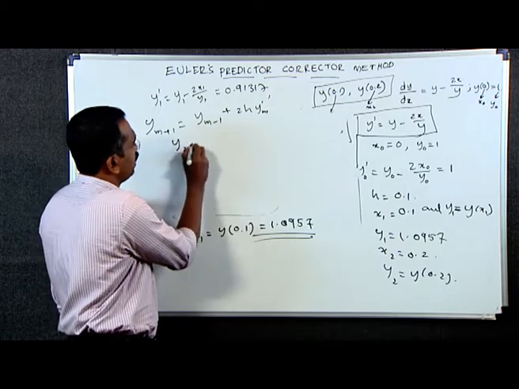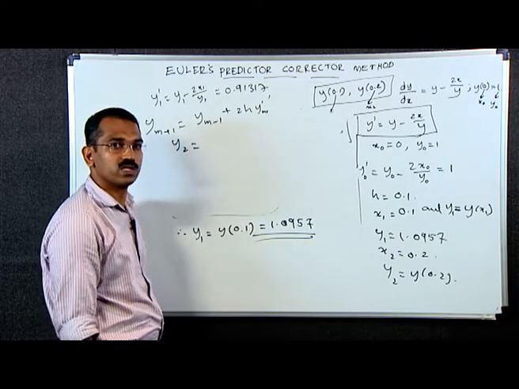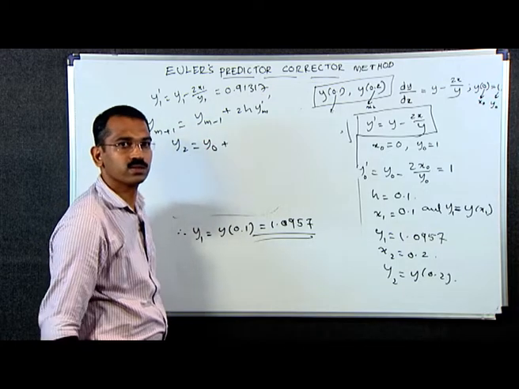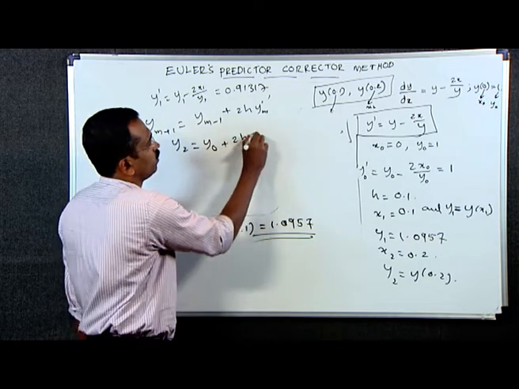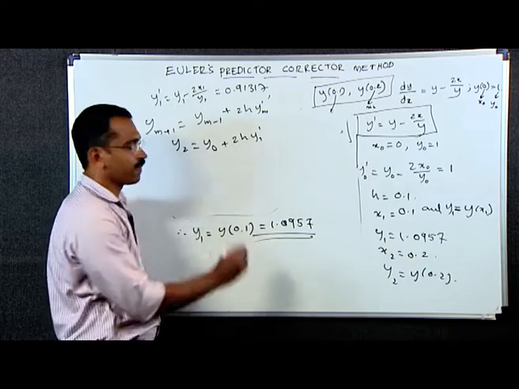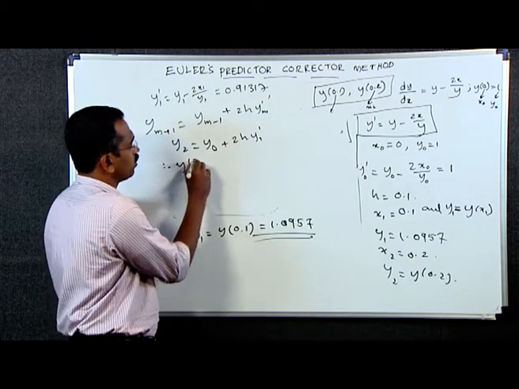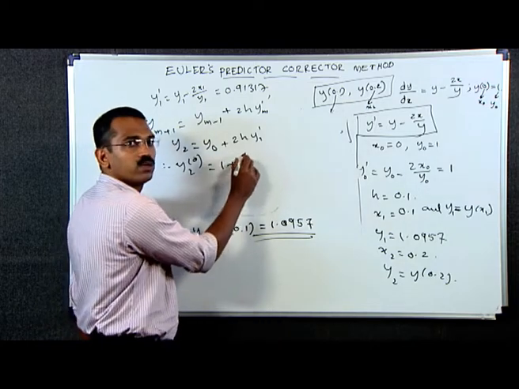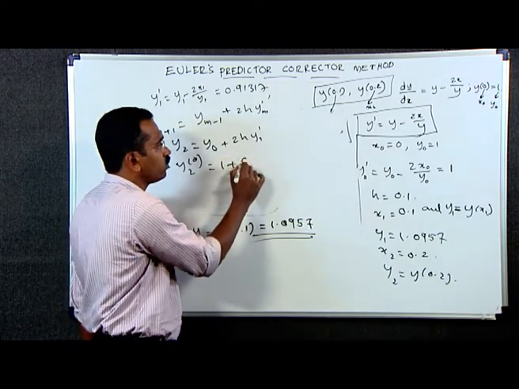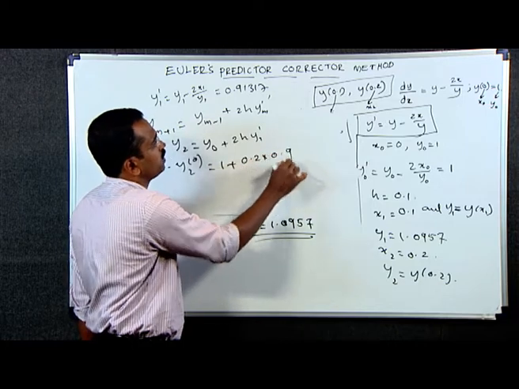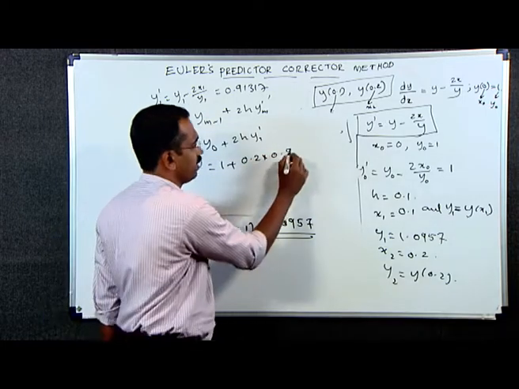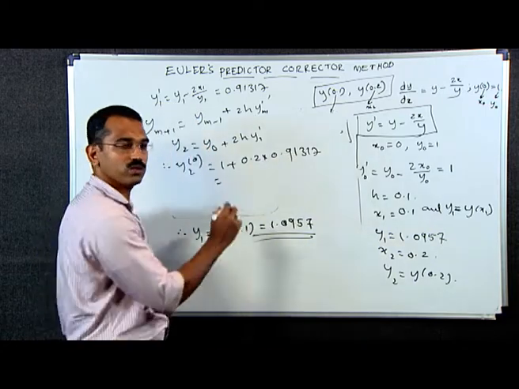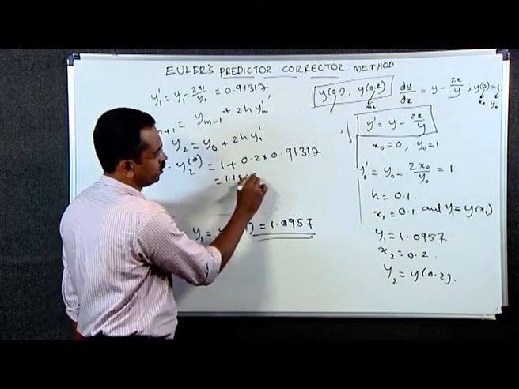That means for m equal to 1, we can write y2 equal to y0 plus 2h into y1'. Therefore, y2(0) is equal to 1 plus 0.2 into 0.91317, which is equal to 1.18263.